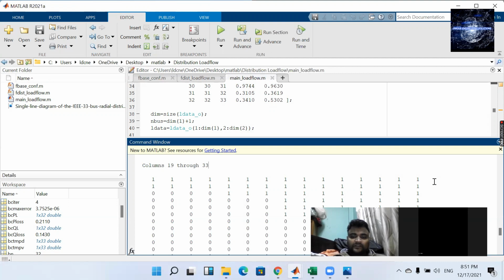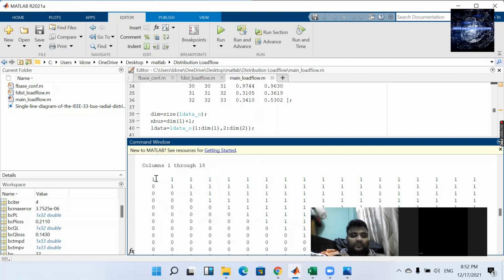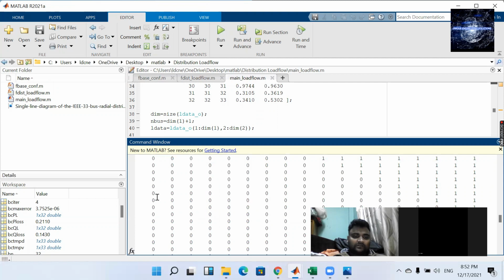That is, for every load, whether it is at 1, 2, 5, 6, 7, any load, power going to that load must flow from bus number 1. What do you mean by the column? Take the first column. Here we can see that only the first element is 1, and all others are 0.